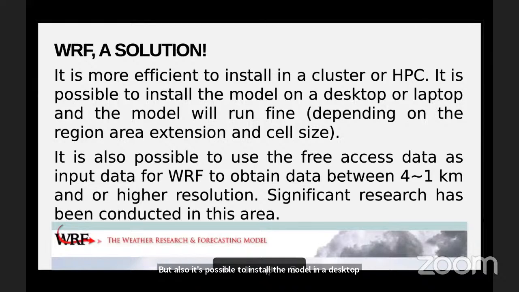Also, it depends on the region area extension and the cell size. It's also possible to use free access data as input data to work with better resolution, for example, 4 or 1 kilometer or more. Significant research has been conducted in this area, and there is a lot of literature to learn WRF.